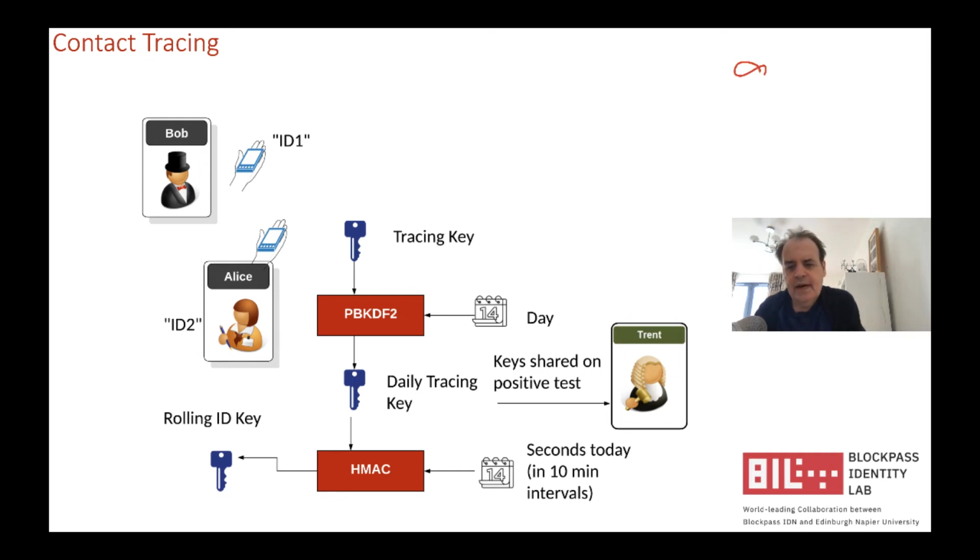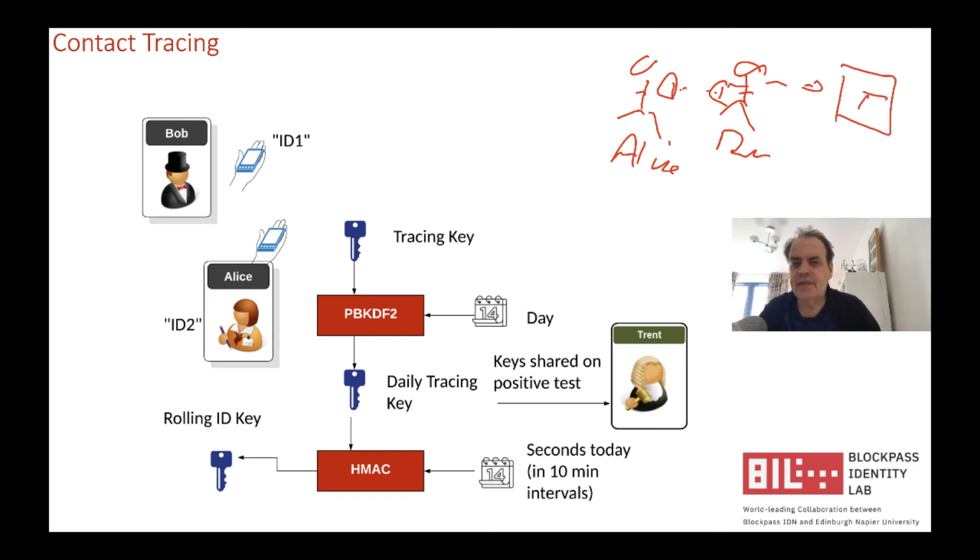So what we really have is that Bob will be in contact with Alice, and there will be a Bluetooth advertisement that's sent from Alice to Bob whenever they're in contact, and then that ID is sent back to some trusted entity.